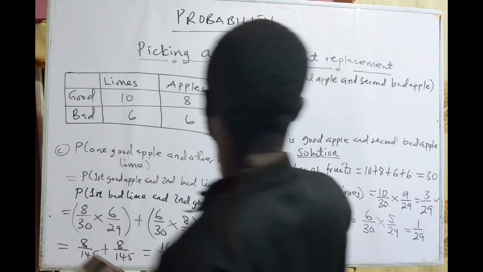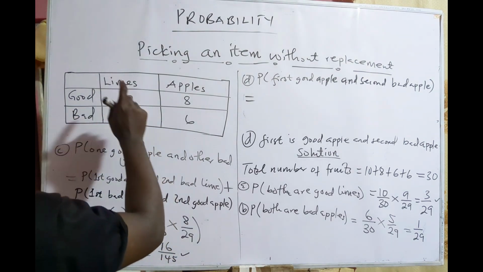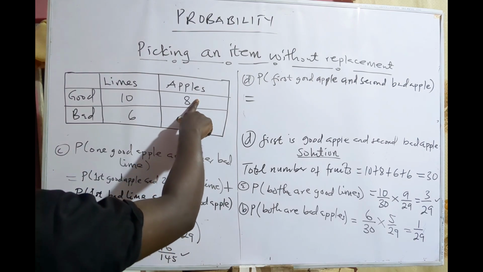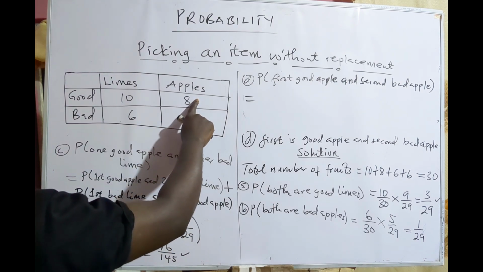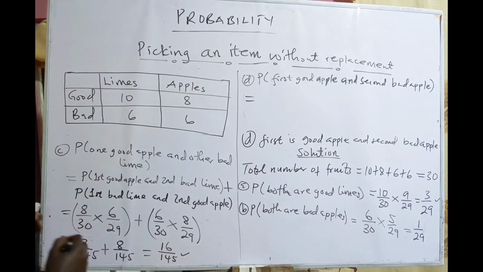So this question is specific. Now what is the probability that when I'm picking, I'll pick first a good apple and I'll pick second also a bad apple. So good apple is 8, bad apple is 6.